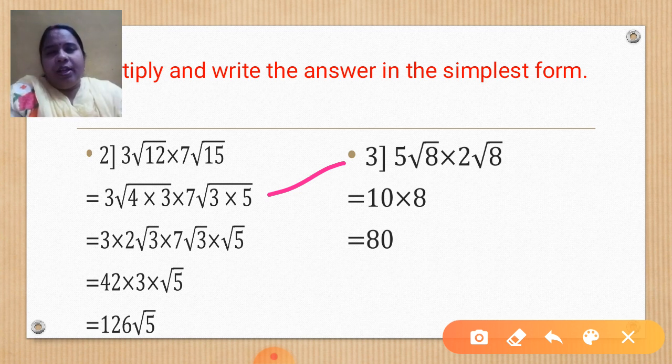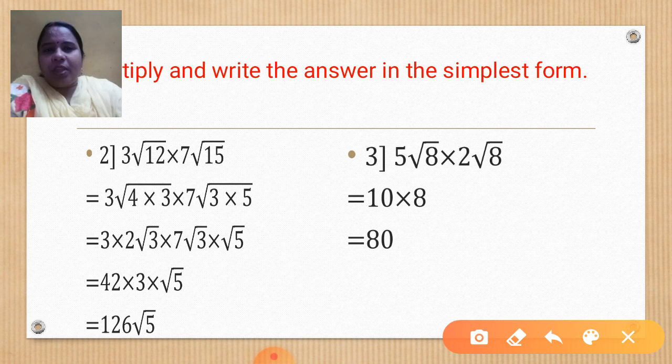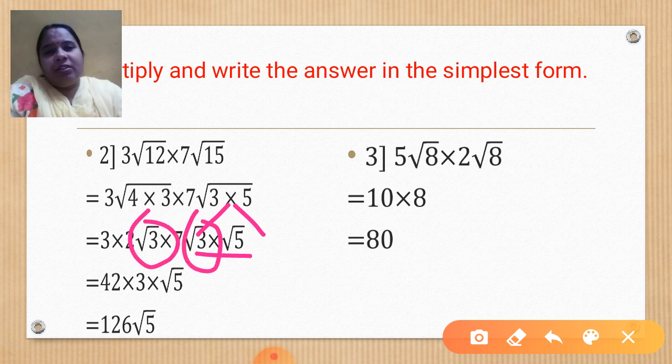After this what? Let us multiply the integer part. 3, 2, 7. 3 2s is 6. 6 7s is 42. This part is okay. Now see this. Since I have separated this like this, root 3 and root 5, what can be understood? Root 3 into root 3, what will be the answer? 3.